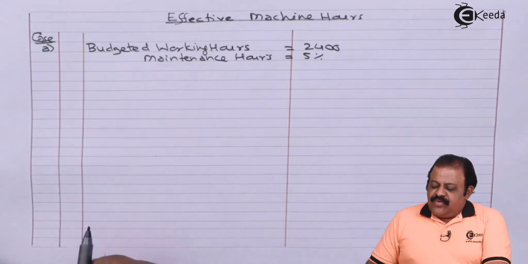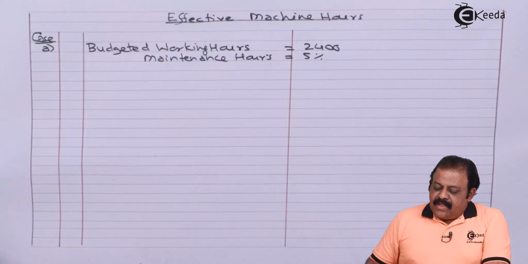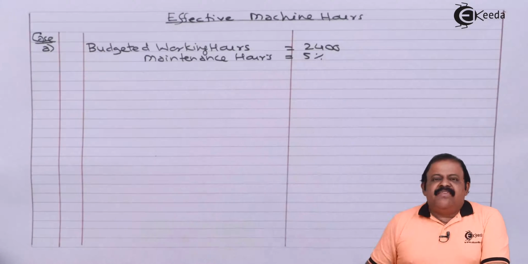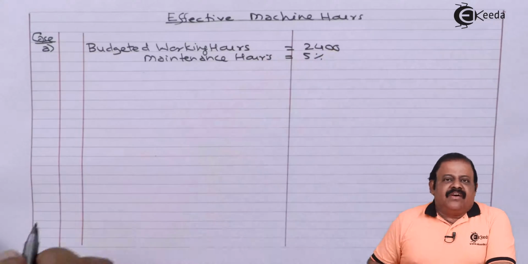So in first case we have budgeted working hours 2400 hours and they have given maintenance hours 5%. We are required to calculate here effective machine hours.